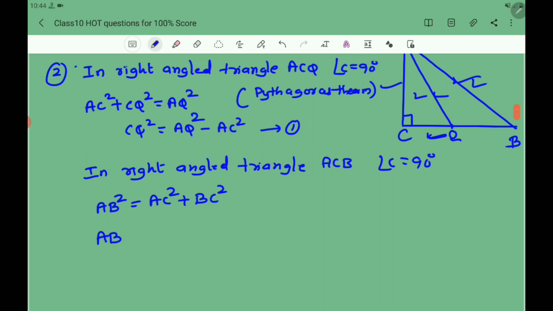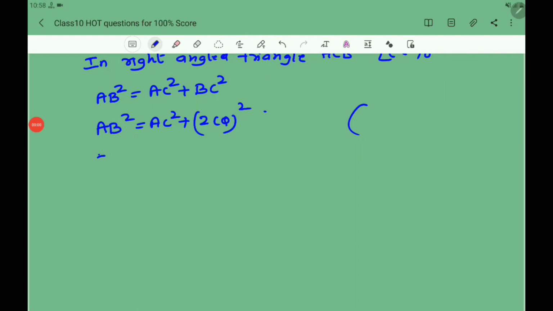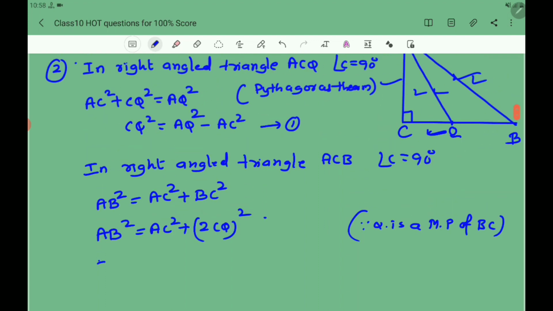AB square equals AC square plus BC, which means 2CQ whole square, because Q is a midpoint of BC. Therefore CQ equals BQ and BC equals 2CQ.